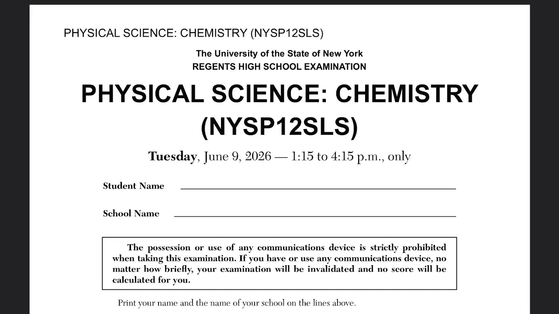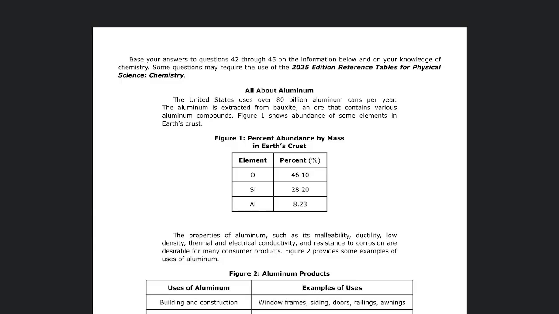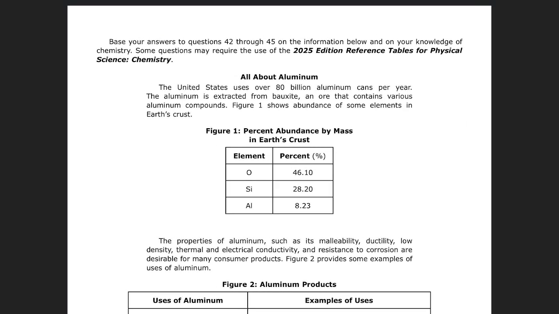Let's get started. So our first step here is going to be to read the entire cluster. There's not too much information here, so let's try and understand what it's telling us. The United States uses over 80 billion aluminum cans per year. The aluminum is extracted from bauxite, an ore that contains various aluminum compounds.